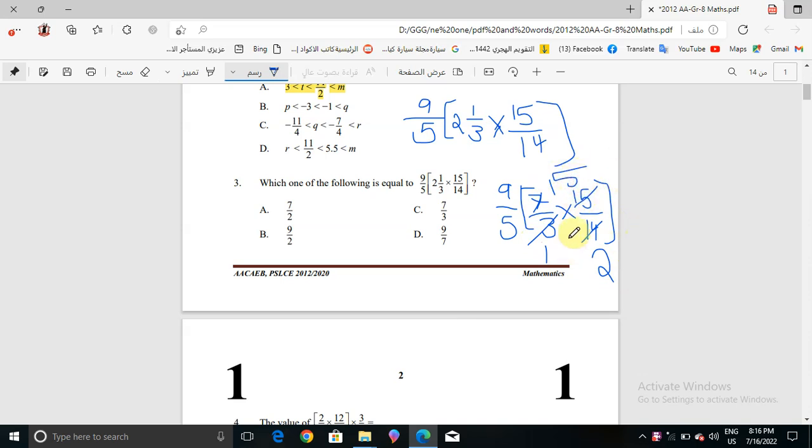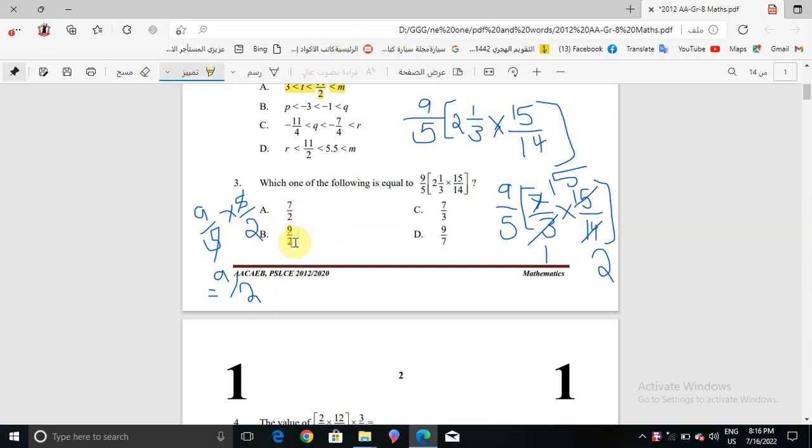So that means 9 over 5 times 5 over 2, right? We cancel 5 with 5. Then what we will get here is equal to 9 over 2. So that means choice B is the correct answer for question number 3.